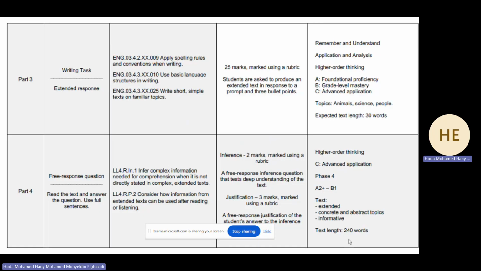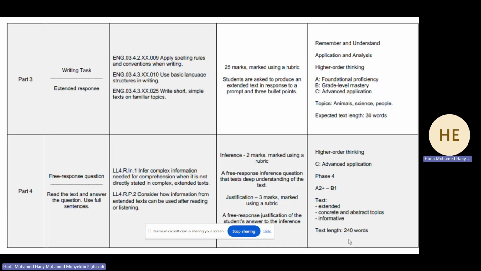In the essay, you have to focus on the structure, spellings, punctuation, answer all 3 prompts, use appropriate vocabulary, check grammar, and the topics would be about an animal or animals, science, and people.